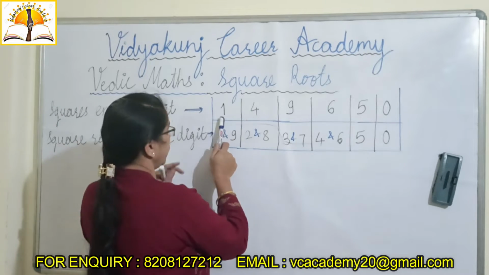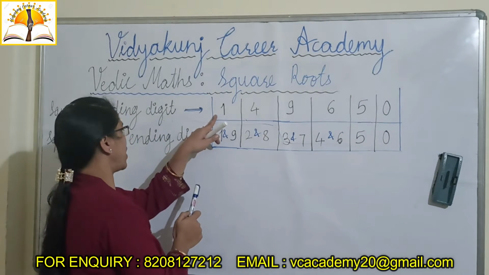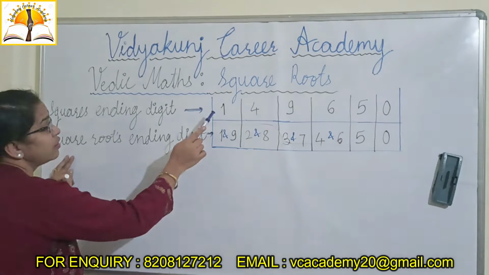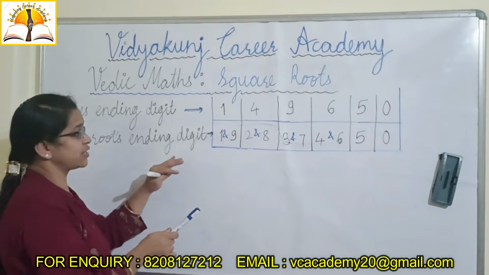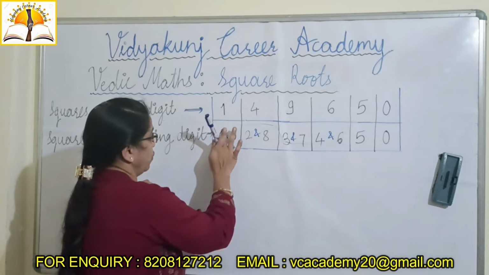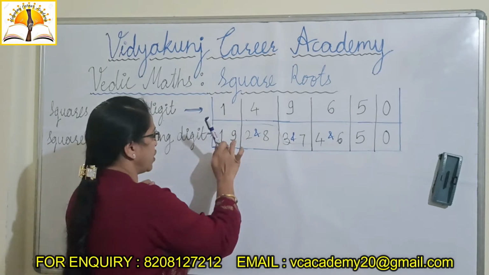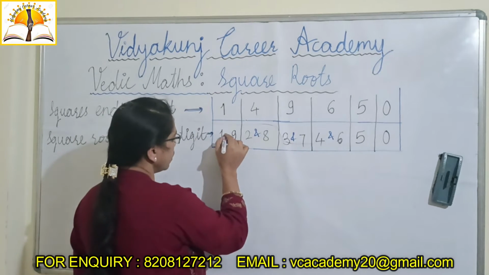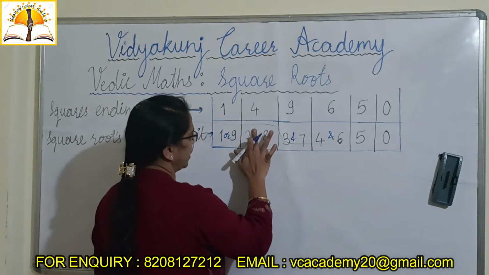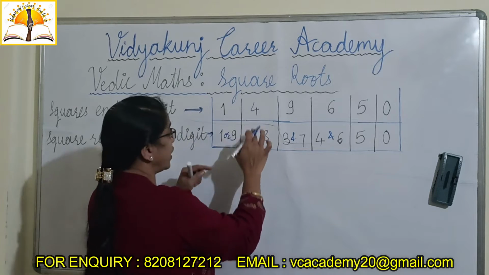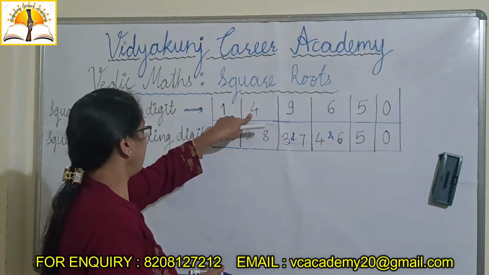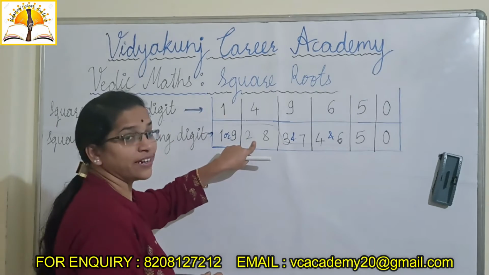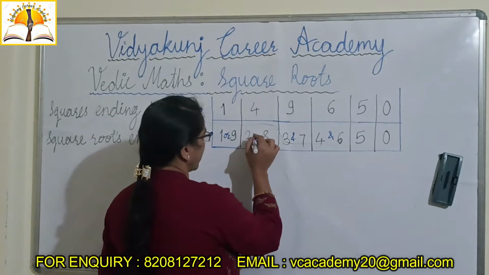If the square's ending digit is 1, then that number's square root's ending digit will be 1 or 9. If the square's ending digit is 4, the square root's ending digit will be 2 or 8.